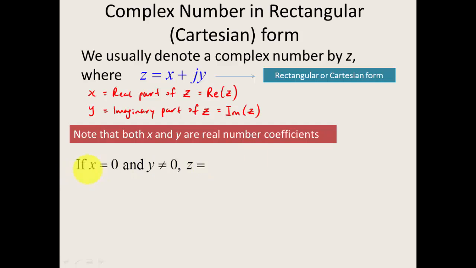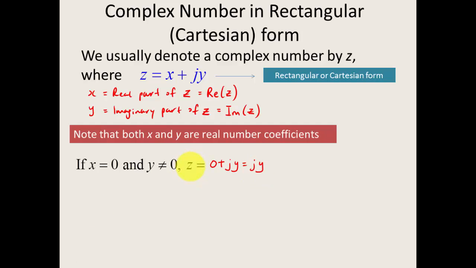Now, in a case where x is 0 and y is not 0, let's see what happens to z. So z is x plus jy. So now x becomes 0 plus j, y remains because y is not 0. So what we end up having is z is jy.